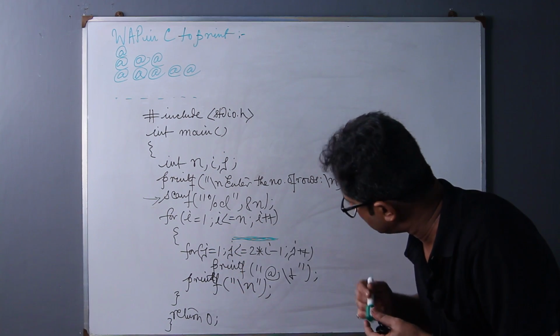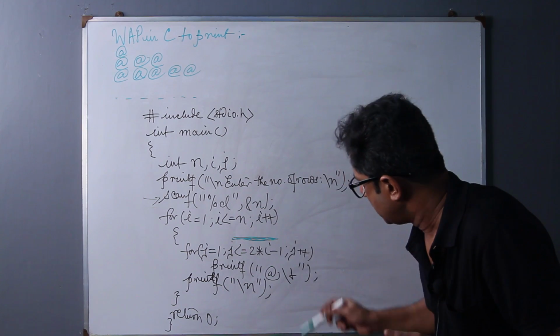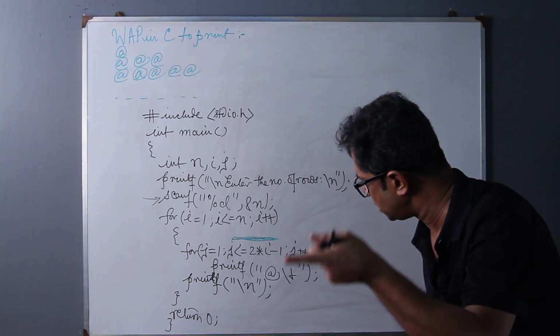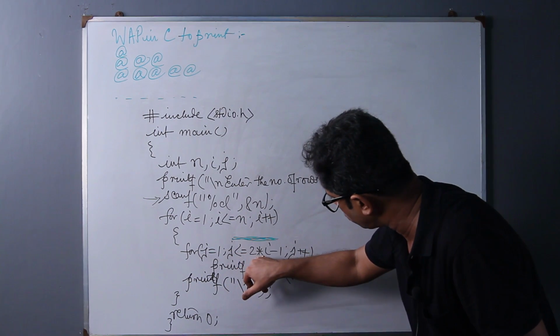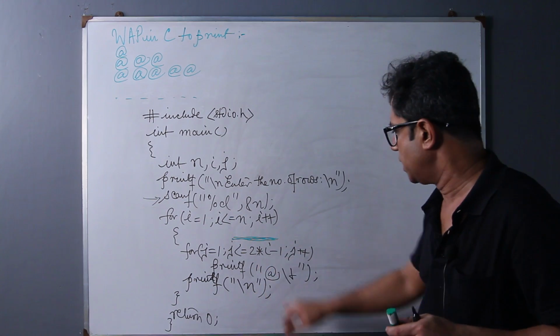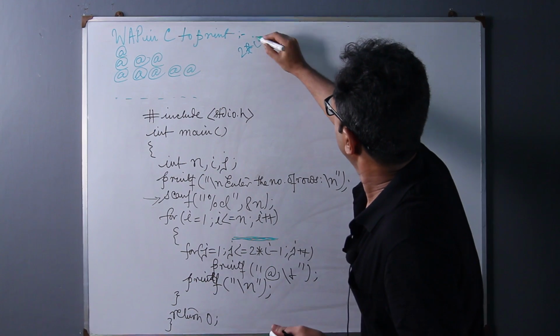That is, j will be controlled by i as in the previous cases, and i will be controlled by n, but j is not less than or equal to i as we have seen in the previous programs. In this program j is being controlled by i by means of this formula, which is nothing but 2*i - 1.